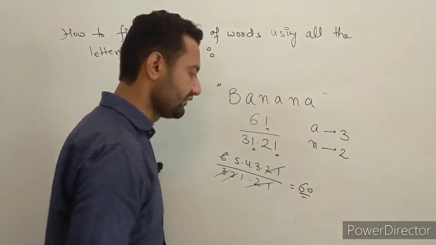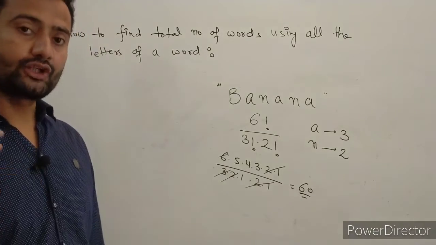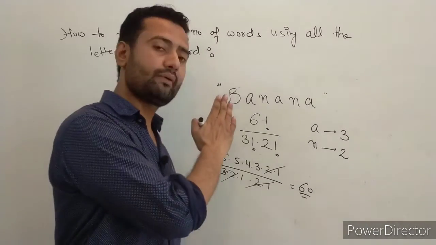So the total number of words made using all the letters of the word banana will be 60.